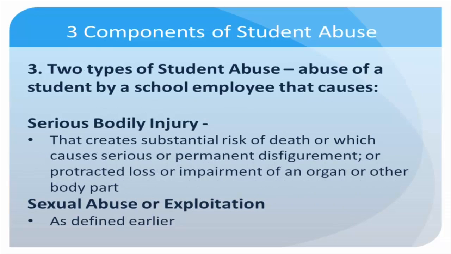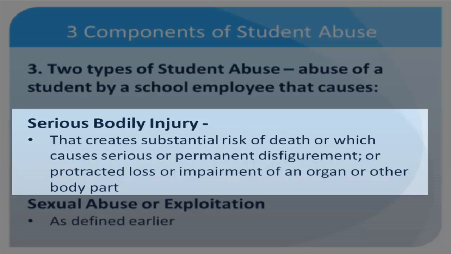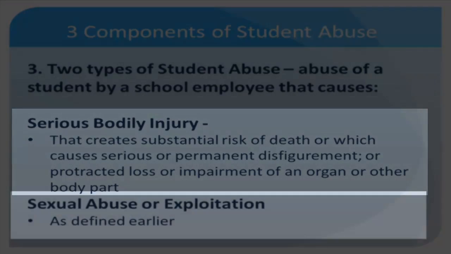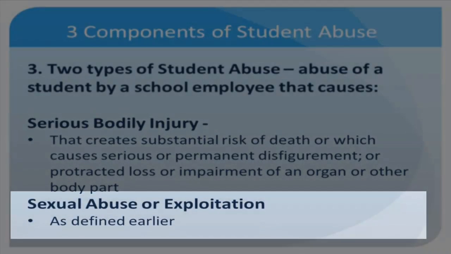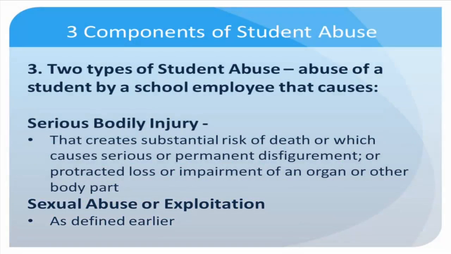The third component is abuse of a student by a school employee that causes either serious bodily injury or sexual abuse or sexual exploitation of a child.